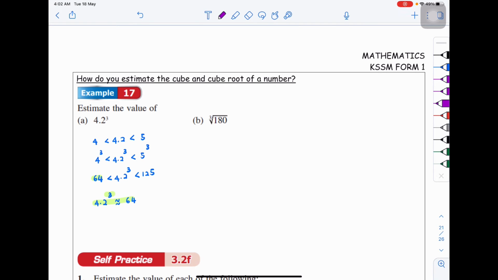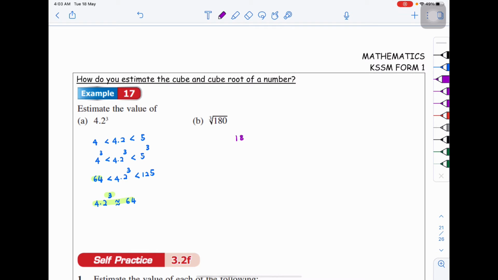For the cube root of a number, we're going to pick two perfect cube numbers. For example, we know that 180 is in between 125 and 216. Now we want to find the cube roots of the numbers. So we put the cube root symbol on each number to find the value of that.